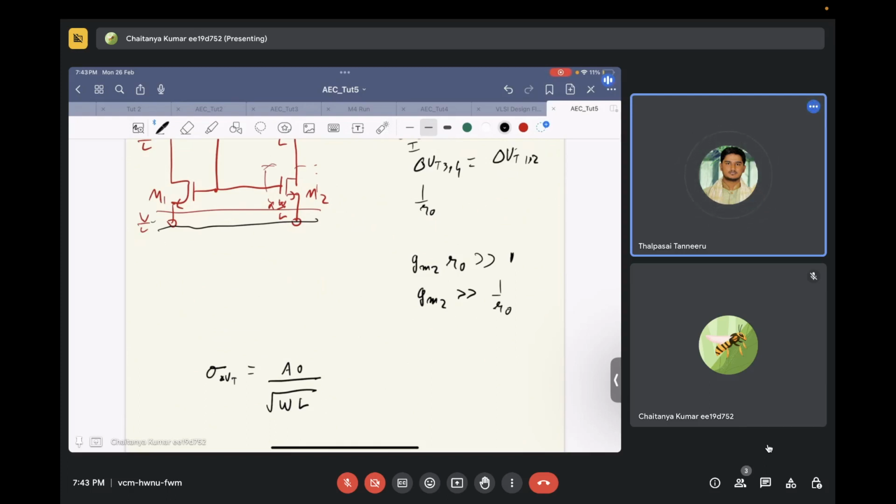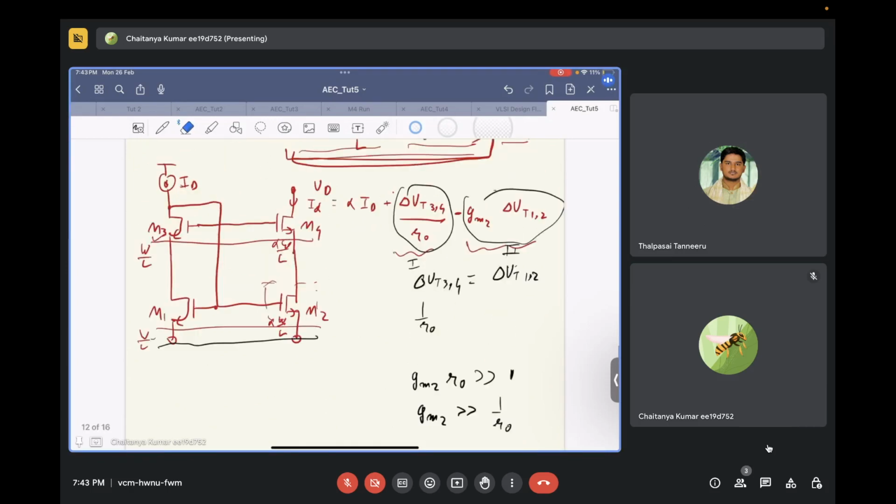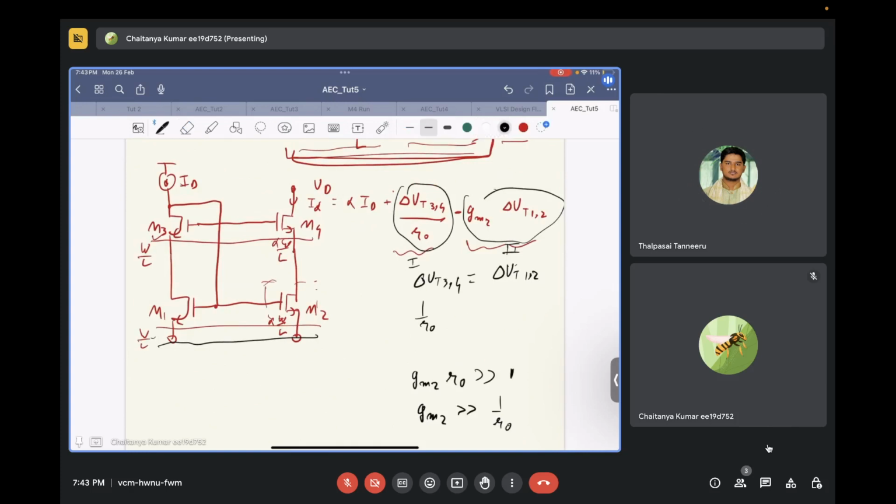Okay, this is basically beyond the scope of this particular subject, so we won't deal with it. But at least the take home message is that mismatch between transistors M1 and M2 is a much more severe problem than mismatch between transistors M3 and M4. Generally, to reduce the mismatch, we increase the W into L of the transistors.